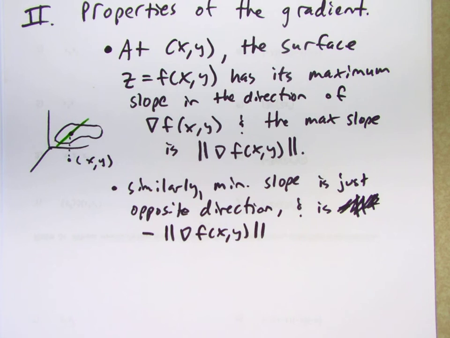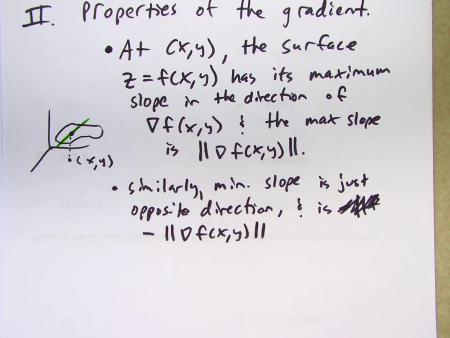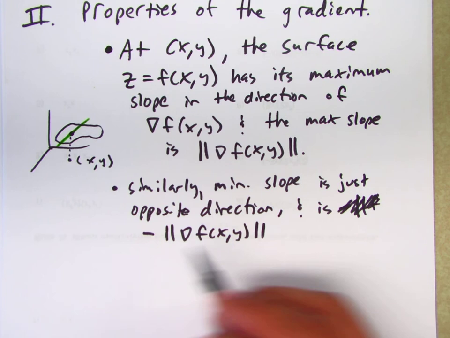Okay, and if I had more time, I would spend a few extra minutes here going through the proof, but I can outline it for you. Remember that the directional derivative is essentially the dot product of the gradient and a unit vector.